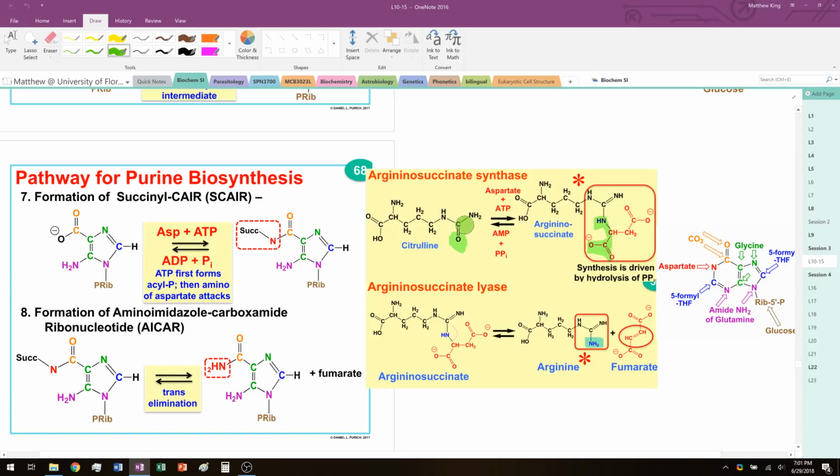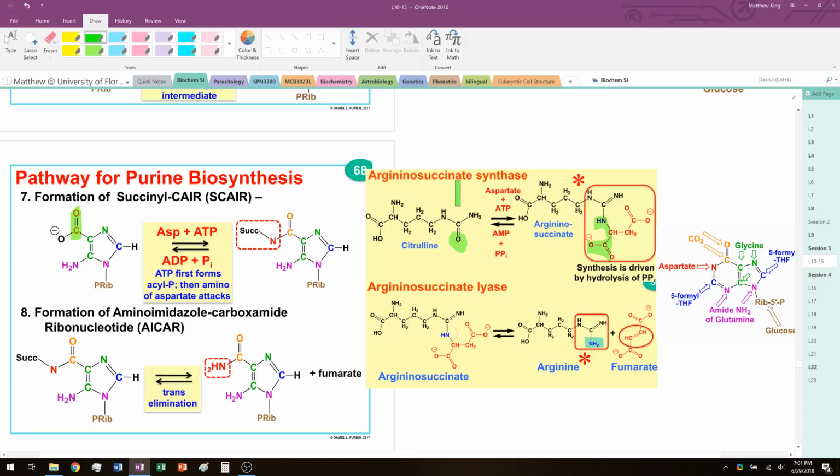When we have citrulline going to argininosuccinate, I highlighted this C double bond O right here, and I might as well draw the parallel and highlight this C double bond O, because we're working with literally the exact same mechanism. Now, I don't want you to link it with this enzyme name right here.